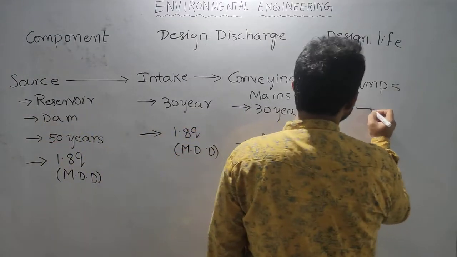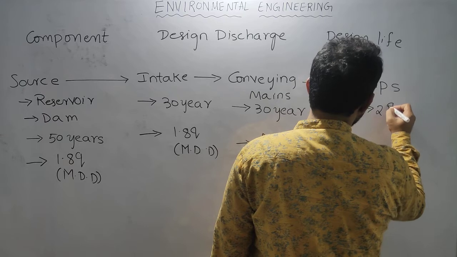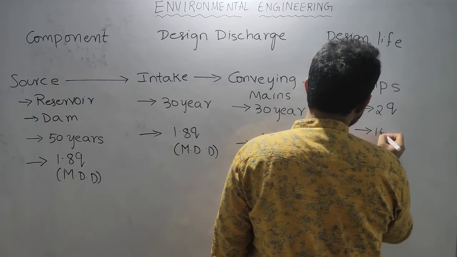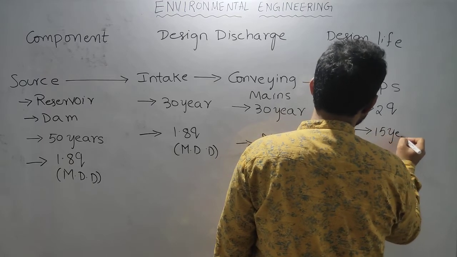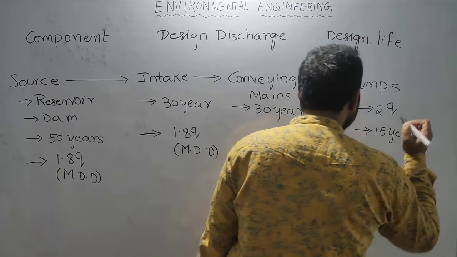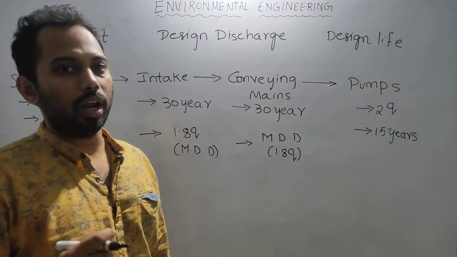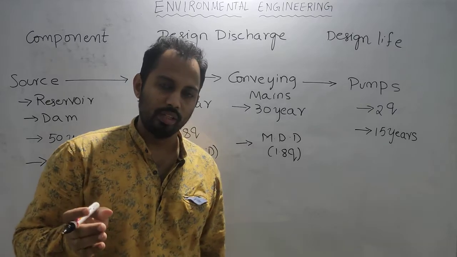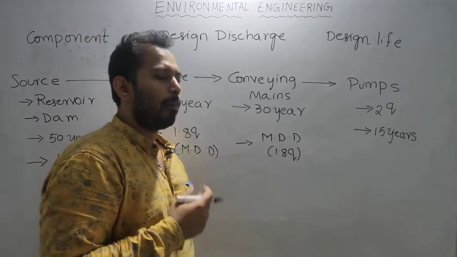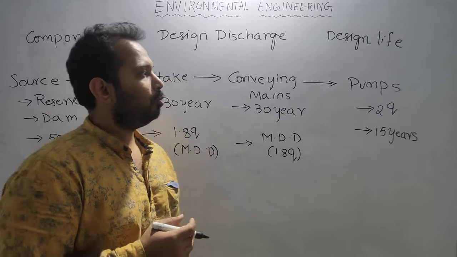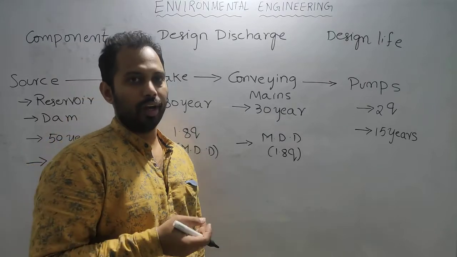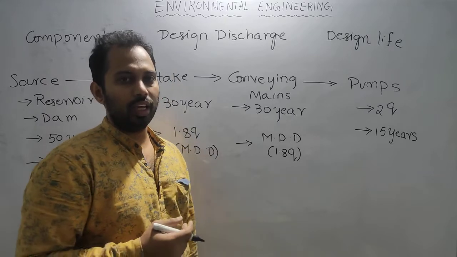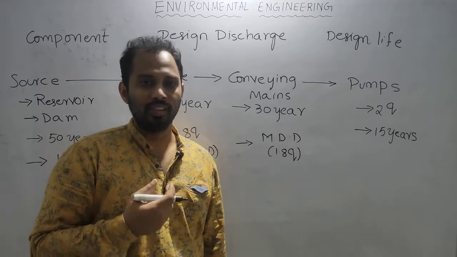2 times the average daily demand is the design discharge of pumps, and here the design life is 15 years only. Why 15 years? Because pumps will get wear and tear, and they cannot sustain for longer durations. Also technical updates come in pumps which can be incorporated. If you keep the design life at 30 years, then you cannot update the system until 30 years.